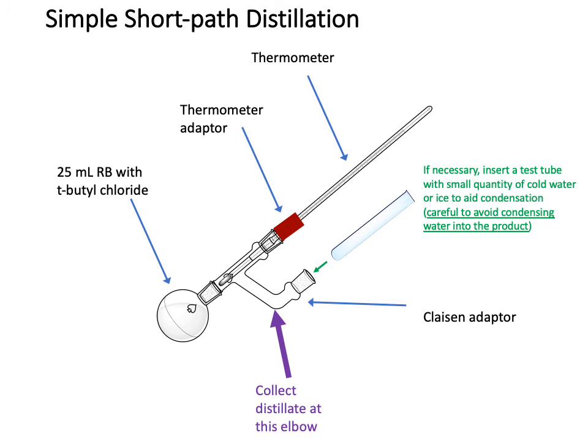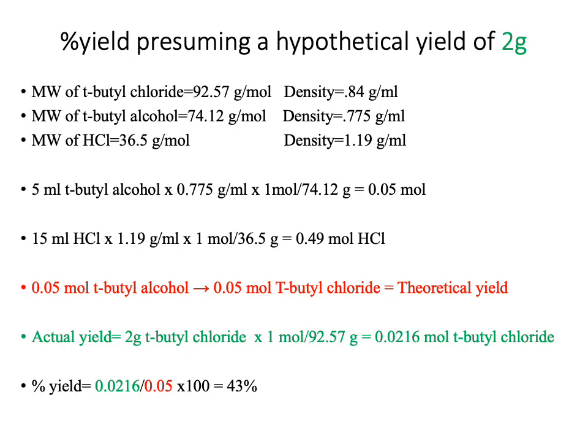After collecting the distillate, we need to determine the yield of the experiment. You see that in the next step. At the end of the experiment, we need to measure the yield. The hypothetical yield is 2 grams. We have the molecular weight for all materials participating in this experiment.